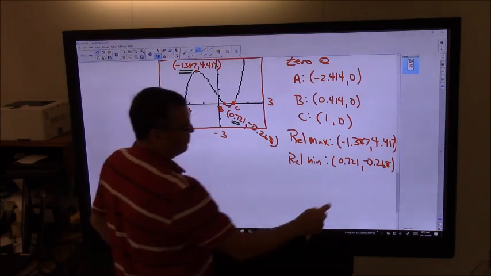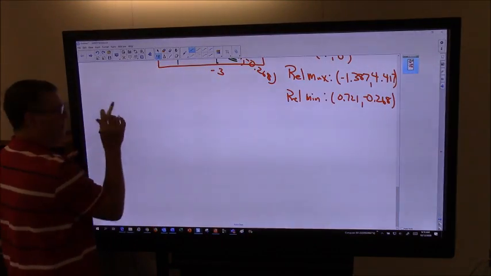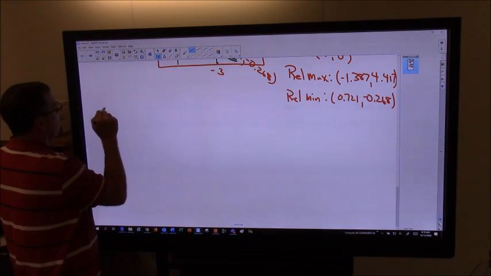is increasing or decreasing. And so I'm going to write something in here, and this is really important, okay? Put a star here.